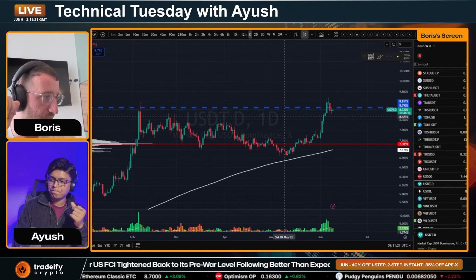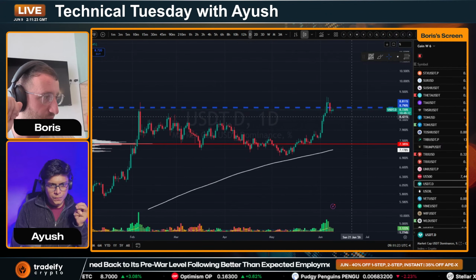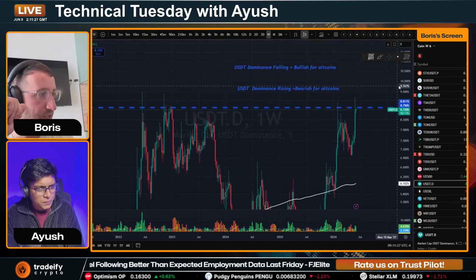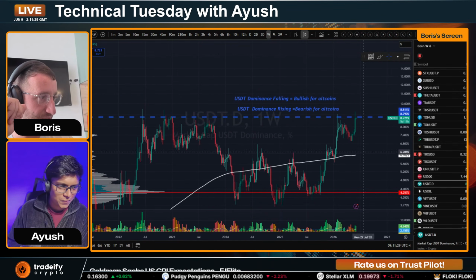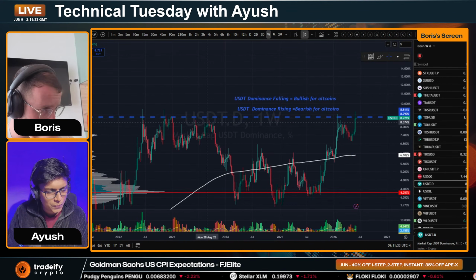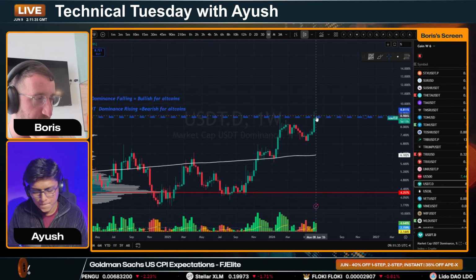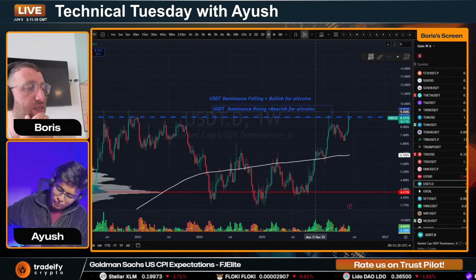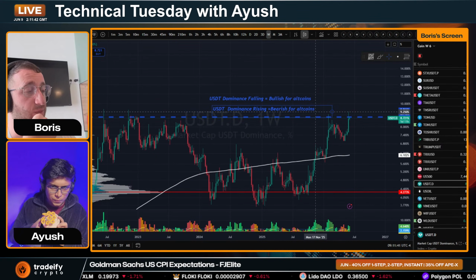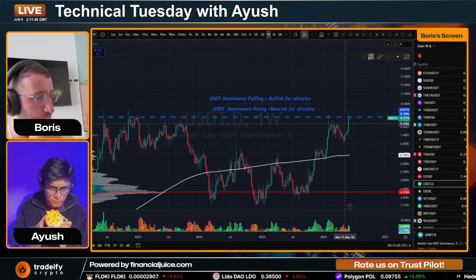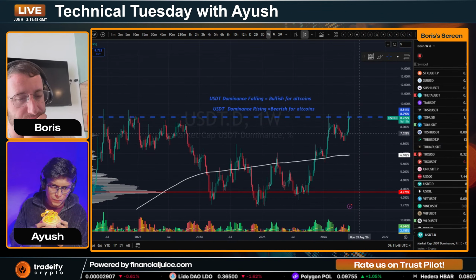And right now we're just floating right below this critical level at 8.7%, which we haven't seen since December of 2022. If we break out from this level, I think we're going to see some more downside in altcoins, unfortunately, except for certain exceptions like Hype.